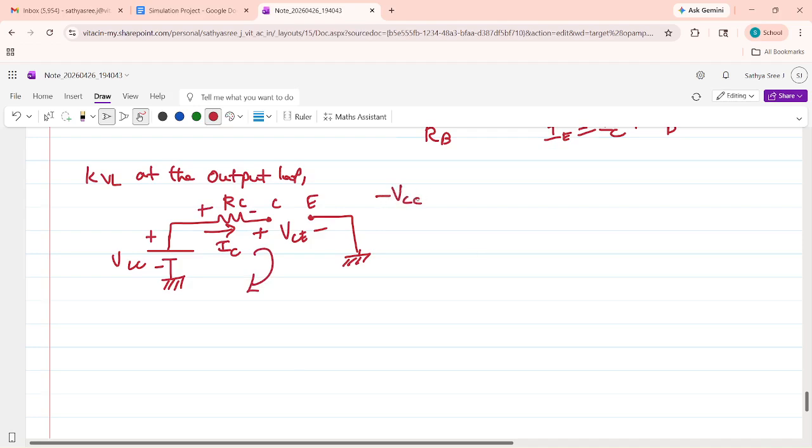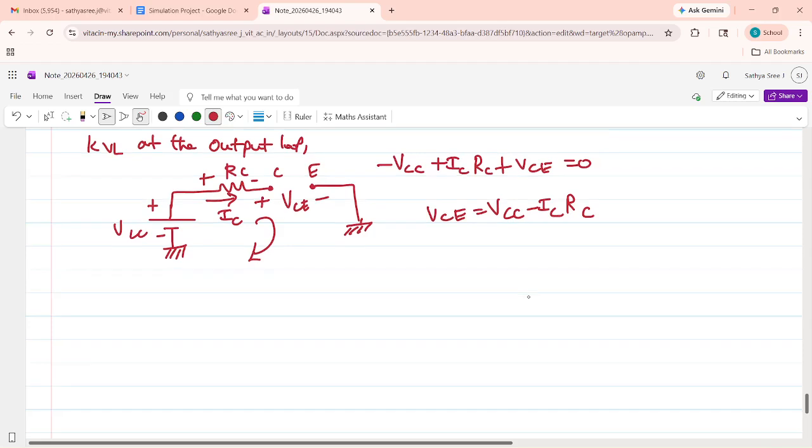Minus VCC plus ICRC plus VCE equal to 0. So VCE equals VCC minus ICRC. From the output loop equation, we have calculated VCE.